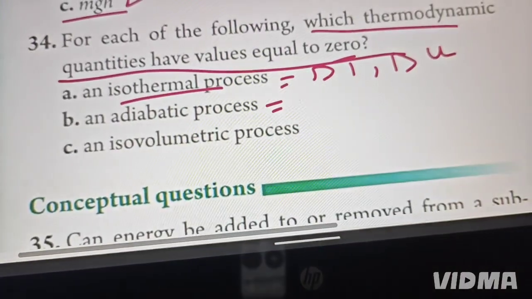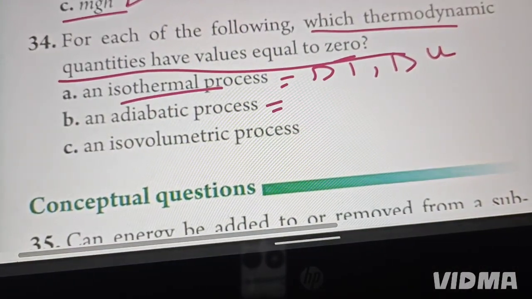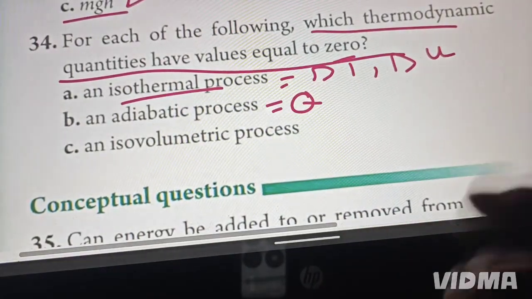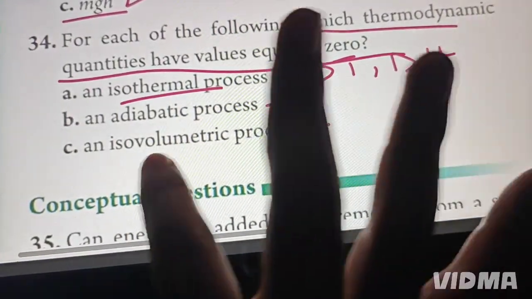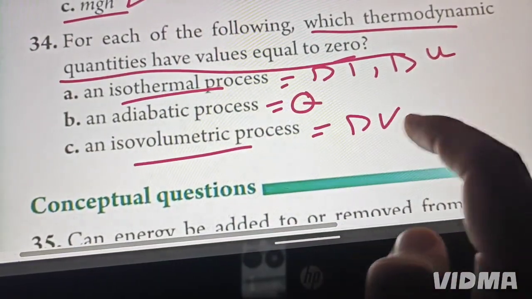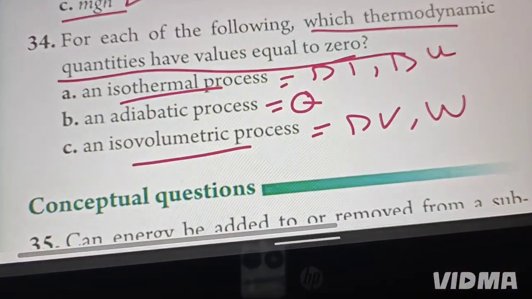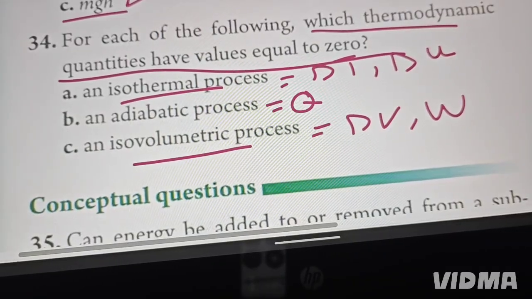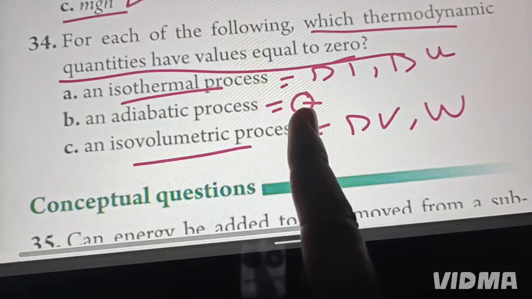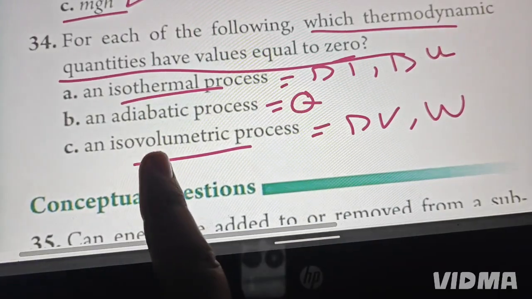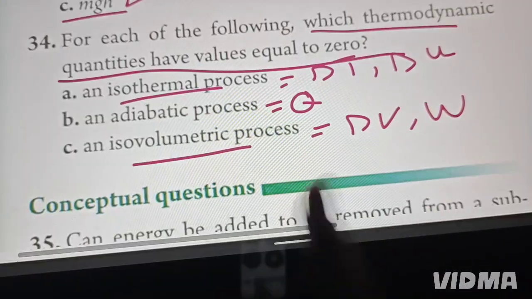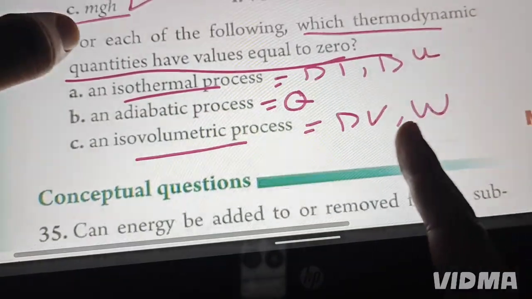In adiabatic, there is no energy transfer, so Q equals 0. And in isovolumetric, by the name, delta V equals 0, and work equals 0 too. So in isothermal, delta T and delta U are 0. In adiabatic, there is no energy transfer, so Q is 0. And in isovolumetric, the change in volume and the work are both 0.